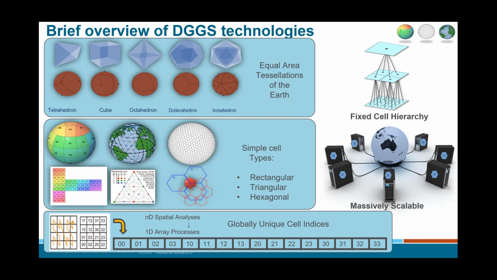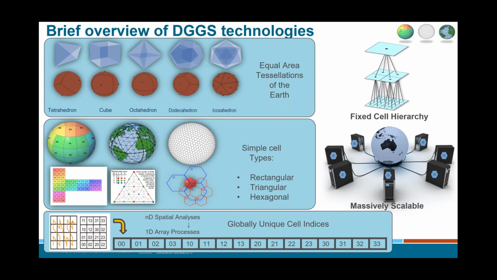Now, because we're dealing with the DGGS, we create equal units, sort of, and equal partitions of the Earth. We're able to massively scale operations on these, because with each cell being an identical coverage of the surface of the Earth, we're able to throw analytical processes to cloud and HPC resources in a massively parallel way.